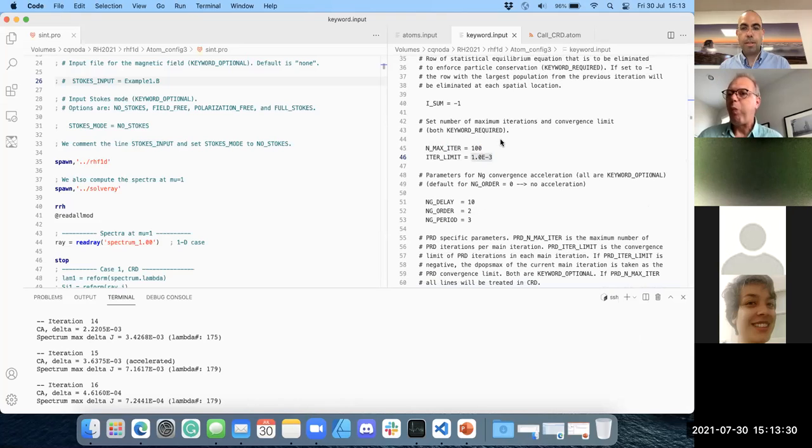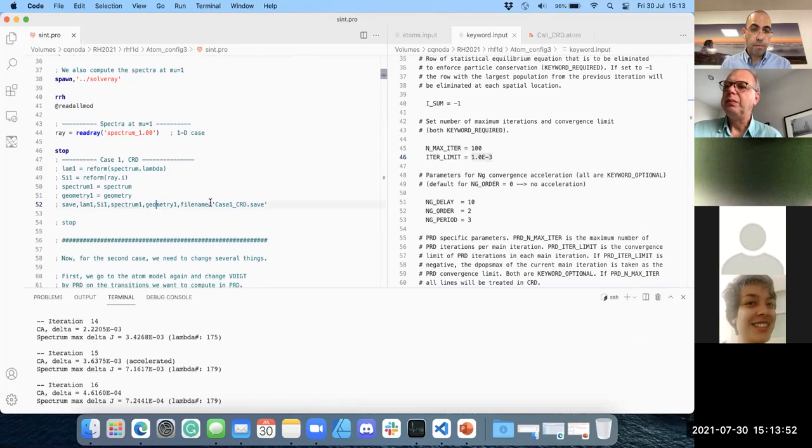In this case, we are reaching convergence, and we are in the same case as last week, so CRD. We are just doing non-LTE iterations, and we reach convergence in the 16th iteration.